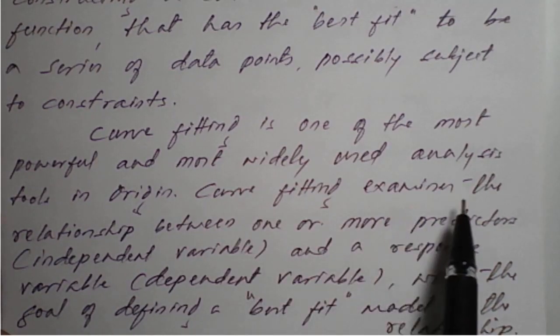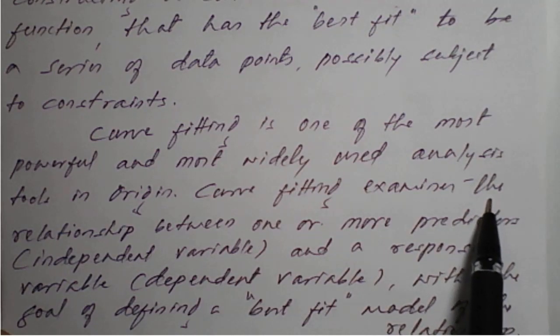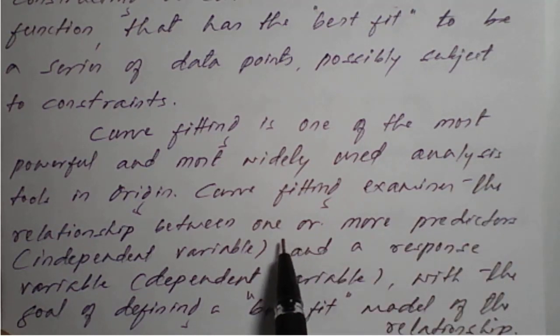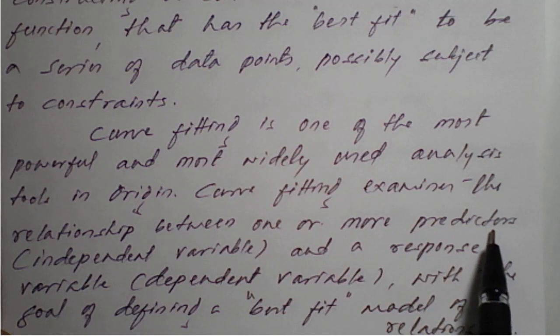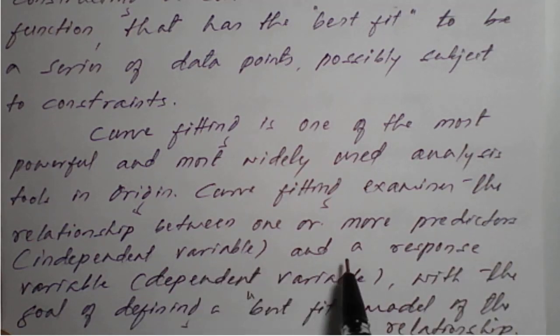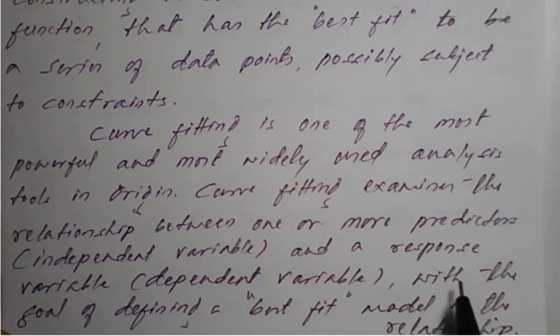Curve fitting examines the relation between one or more predictors, that is independent variables, and a response variable, that is dependent variable, with the goal of defining a best fit model of the relationship. So what is this curve fitting and what techniques are we going to use to find a best fit, we'll see now.